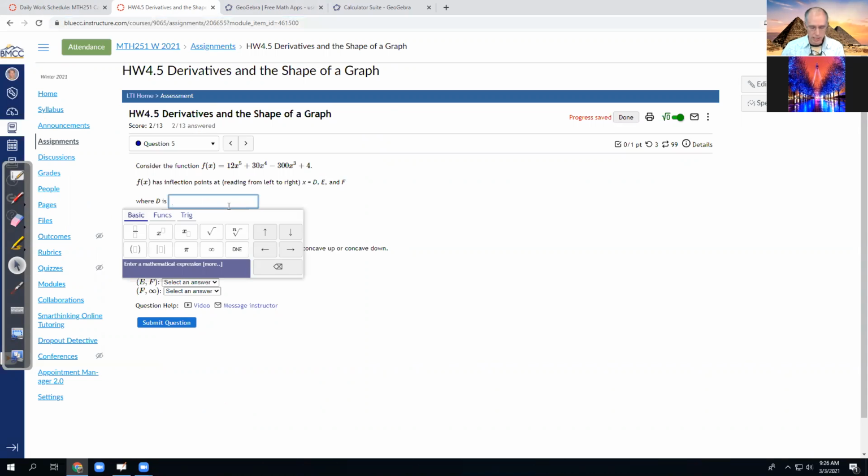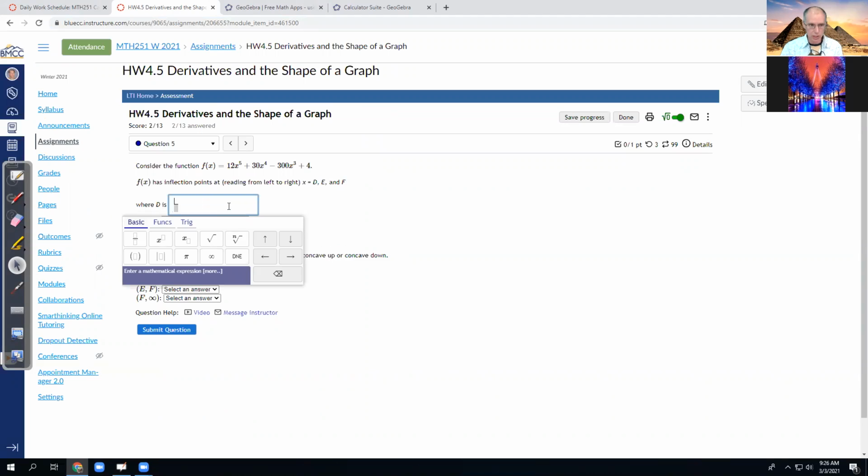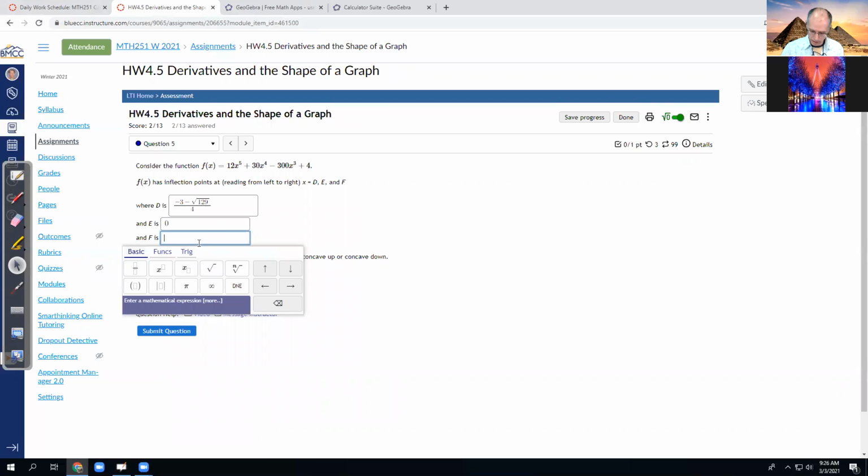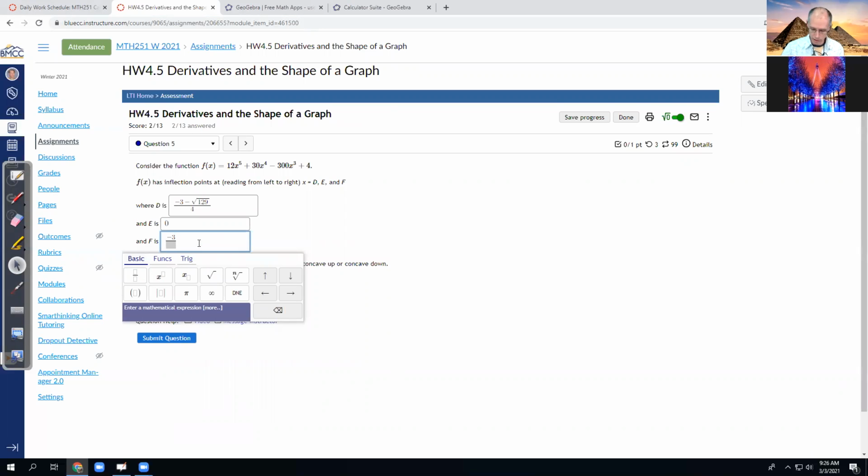So our D was our fraction, -3 minus the square root over 4. And then 0 is the next one in order on our number line, and then the fraction -3 plus the square root of 129 over 4.